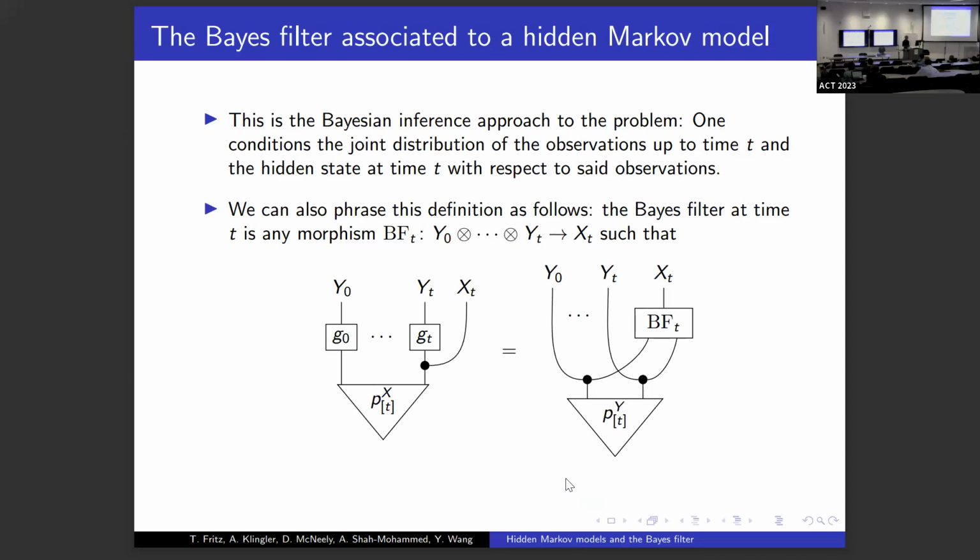If you have just the hidden chain, you keep track of the last state, the current time, and you also look at the observations. Well, that is equivalent to having all the observations and also plugging a copy of each of them into the Bayes filter at that time.